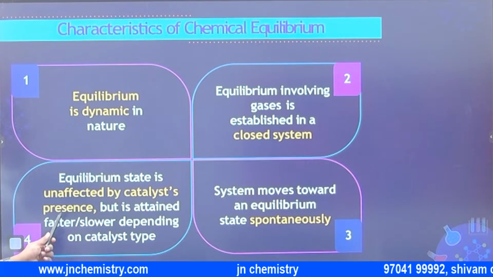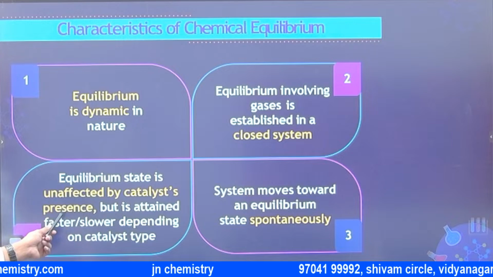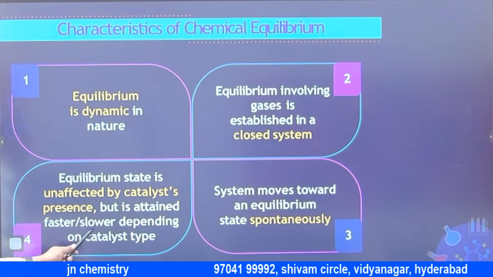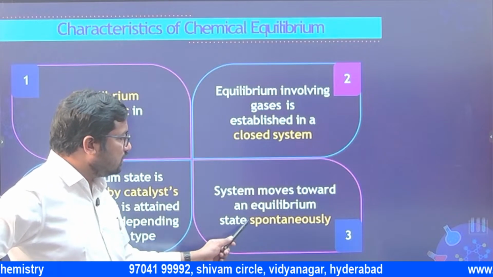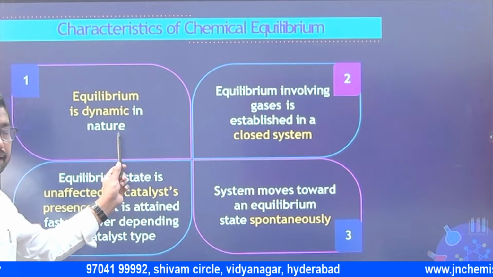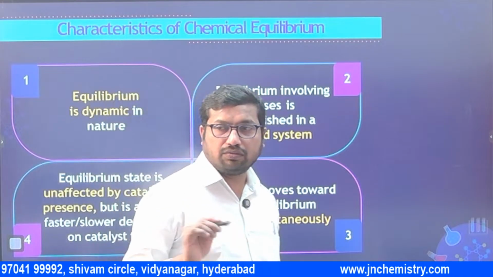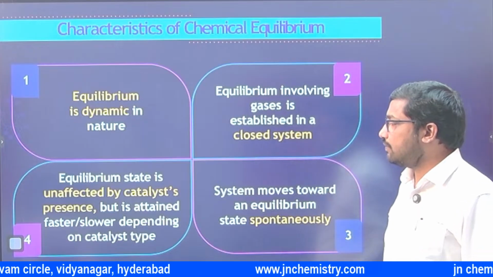Equilibrium is unaffected by the catalyst, but it is attained faster or slower depending upon the catalyst type. System moves to the equilibrium state spontaneously. Write each and every point. Put a note heading, characteristics of equilibrium, and write all points.